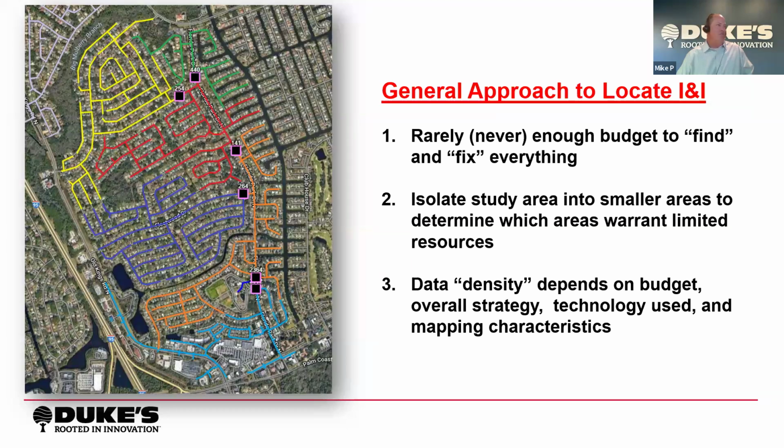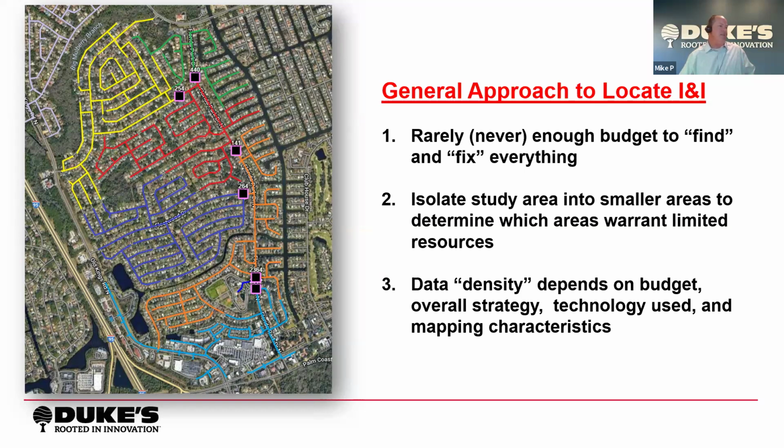If you could just look over at the map on the left, that's for an upcoming flow study where each of the basins or each of the little sub areas are in different colors, but you can see there are 6 black squares.